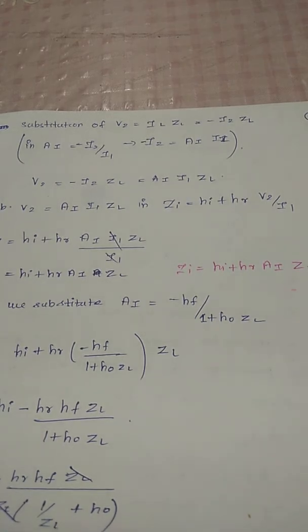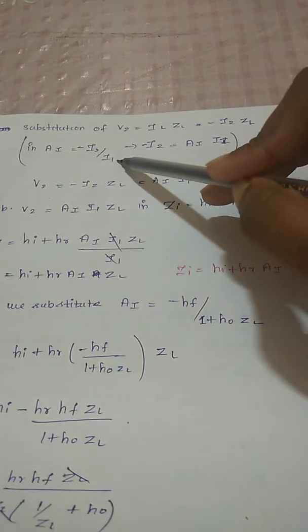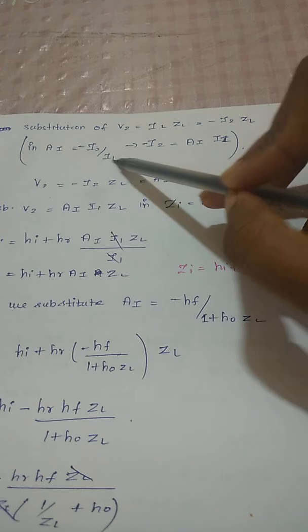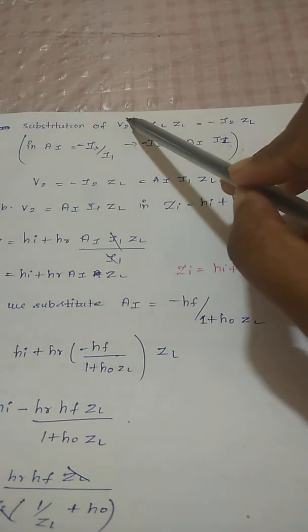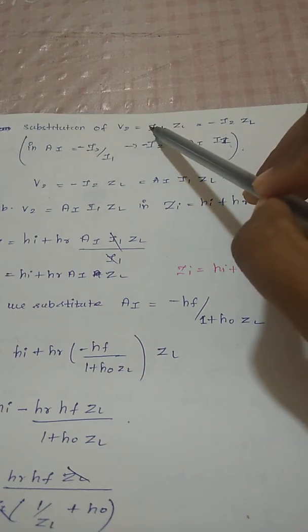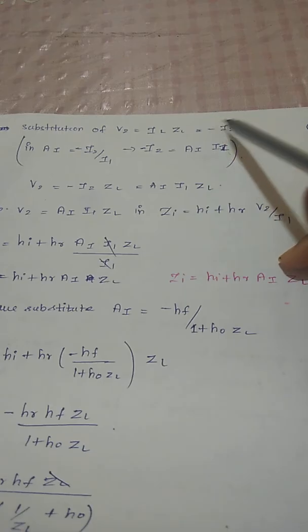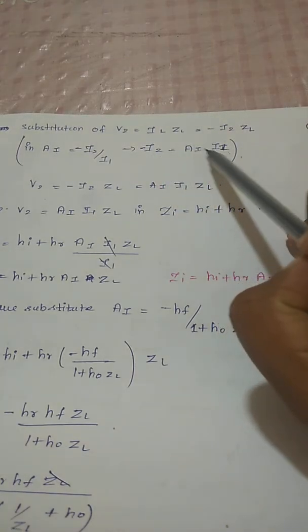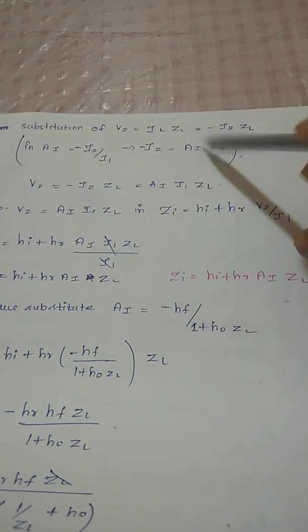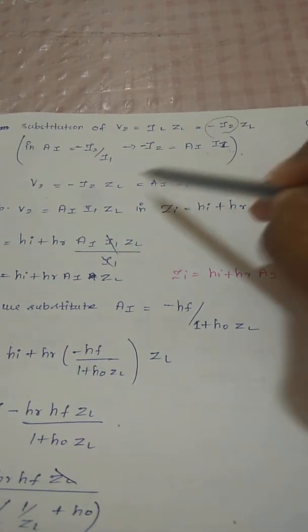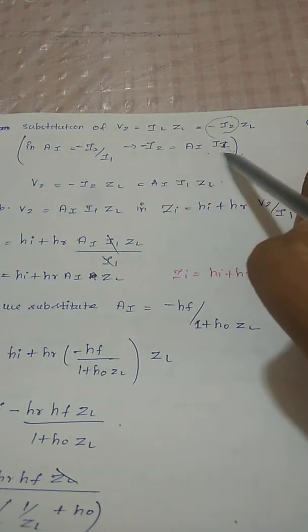So if you take this I1 to the other side, minus I2 is equal to AI into I1. Okay, so these two are parameters we already know. If you write the output voltage in IR format, it is IL ZL, and instead of IL, minus I2 ZL. So minus I2 is equal to AI I1. So now equate this in minus I2. V2 is equal to minus I2 ZL, and instead of I2 they have included AI I1.